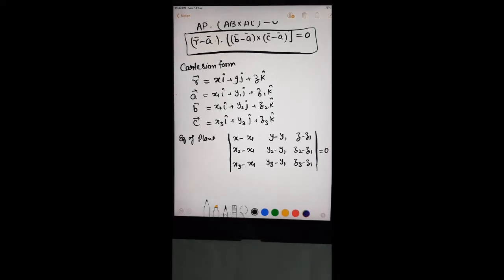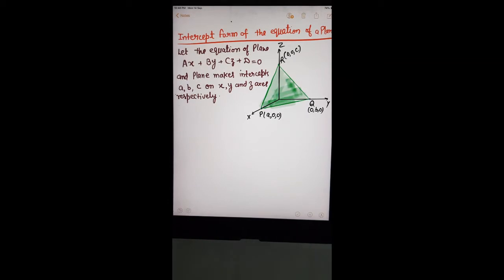So now we are going to find the intercept form of the equation of plane. Let the equation of plane be ax plus by plus cz plus d equals 0, and the plane makes intercepts a, b, c on the x, y and z axis respectively.